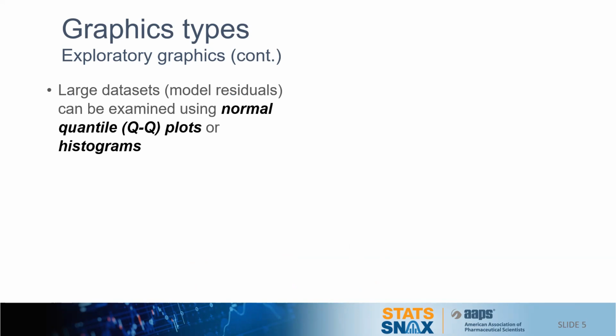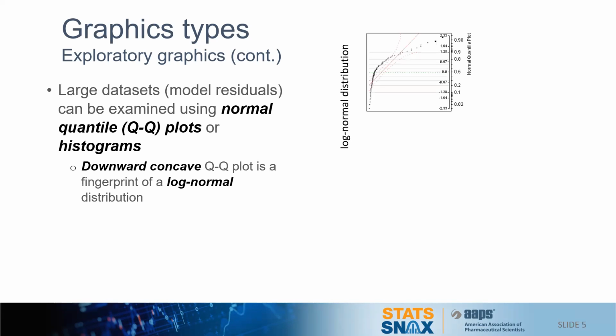Now, that was easy to display at least for small data sets, but large data sets, which stem from model residuals, which I won't go into detail about, can be examined using more sophisticated techniques that are available in some software packages, such as normal plots, sometimes called QQ plots, or histograms.